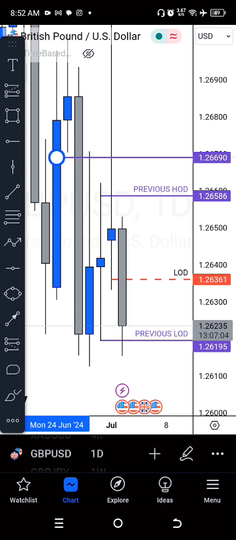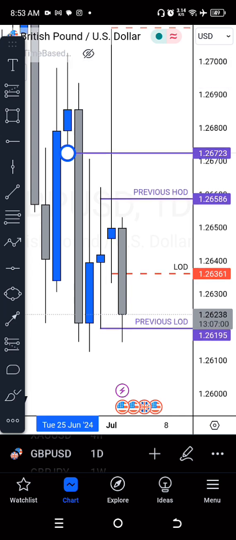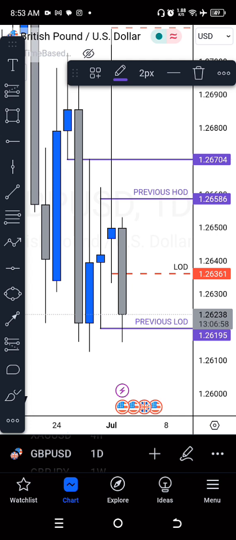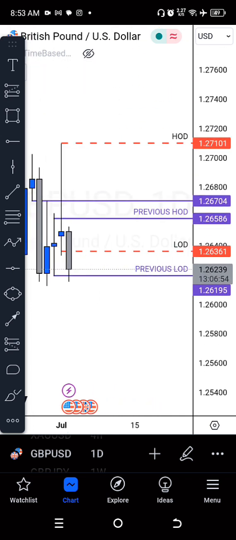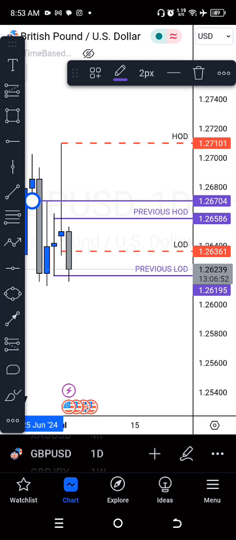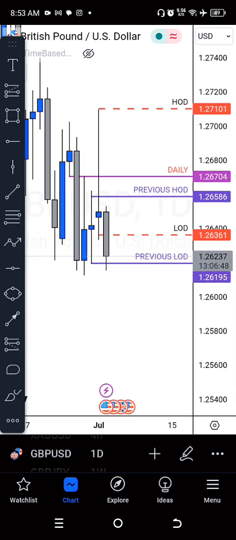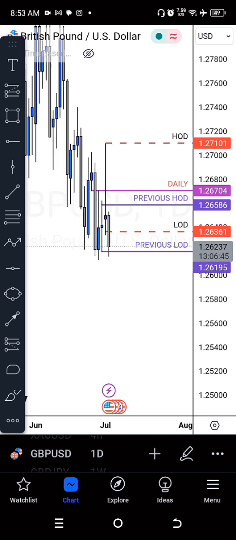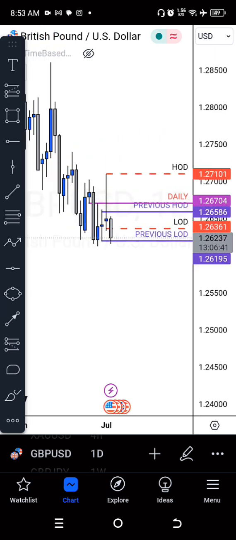Let me make it perfect. It has been used by this area. But we can still mark it as our daily supply, because the market could easily go back to those areas and continue selling.